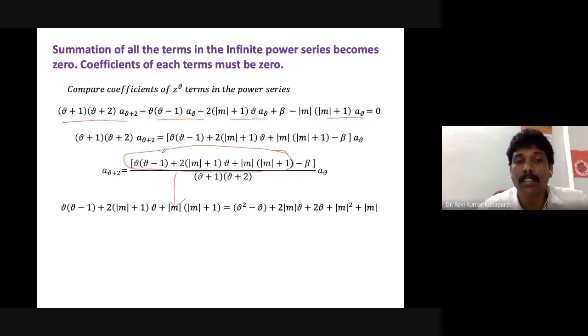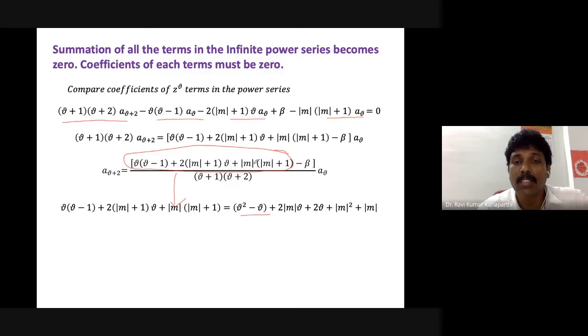This is just nu multiplied by nu minus 1, so it is nu square minus nu, right? That is what is done here. Similarly, 2 multiplied by modulus of m plus 1. Therefore, you can just write down 2 modulus of m, and from this side there is a nu, so 2 modulus of m multiplied by nu plus 2 nu. So here 2, and from here there is a nu, 2 nu, right?